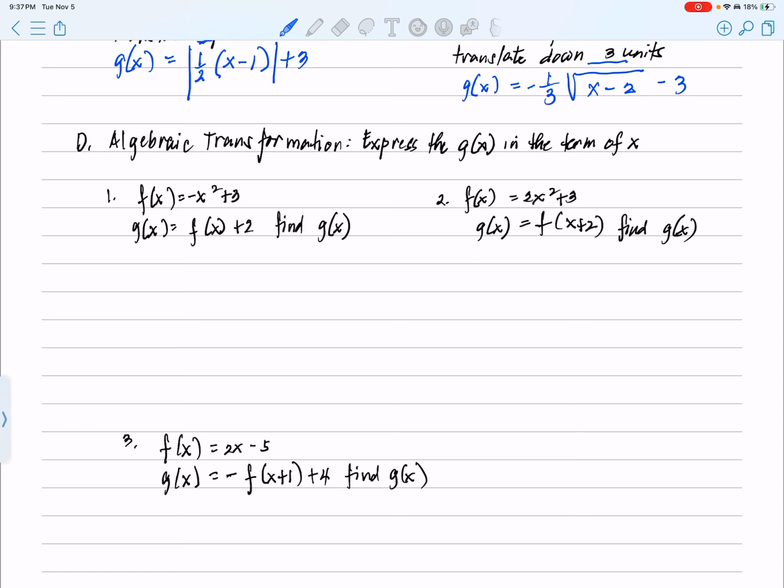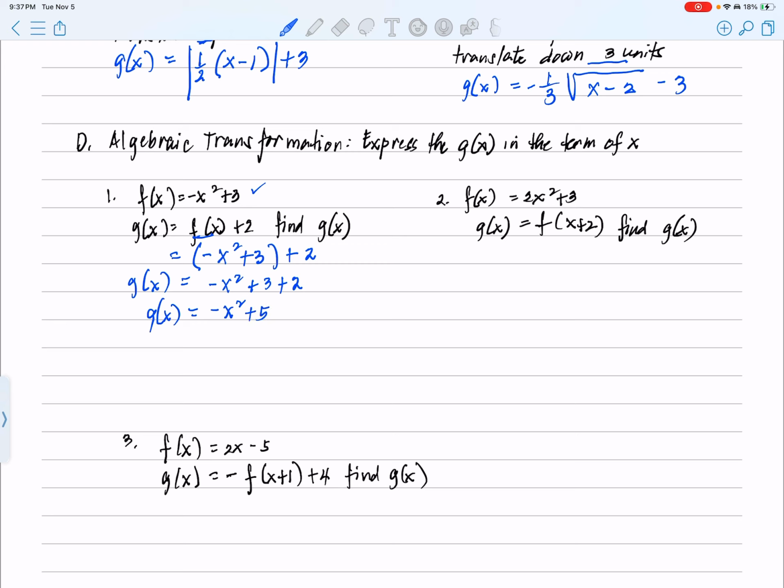Find the g of x. So by doing that, we could make the f of x equal to this, which is negative x squared plus 3. And then you add 2. All right. So simplifying, the g of x will be negative x squared plus 3 plus 2, and that is equal to negative x squared plus 5.